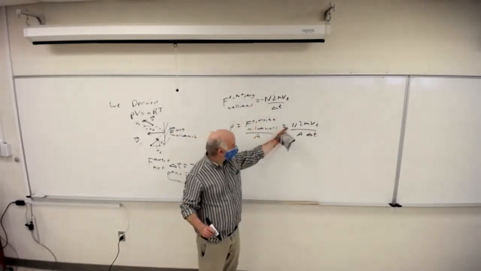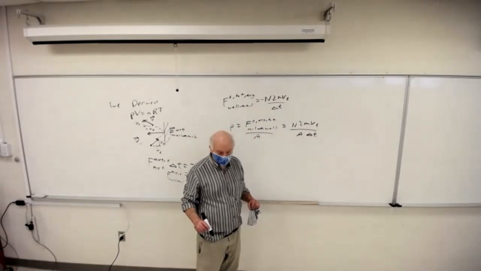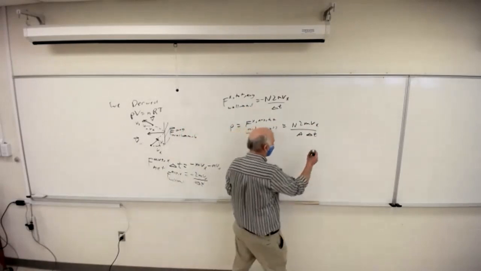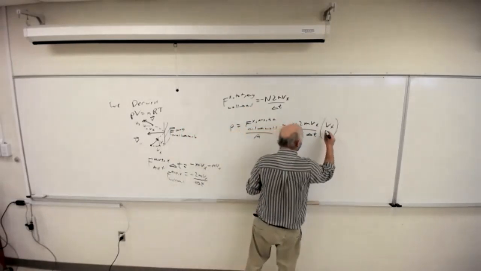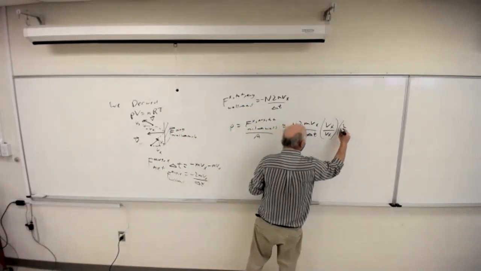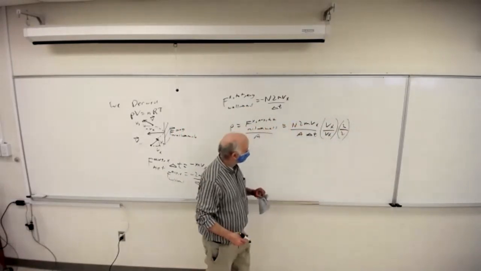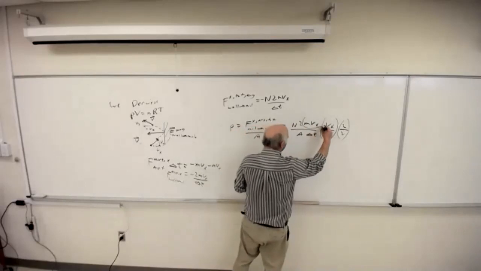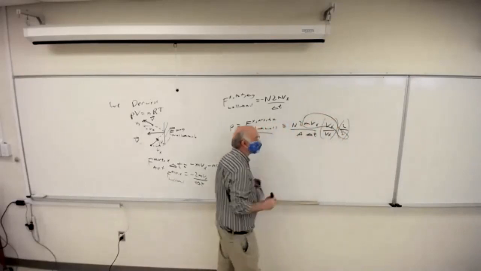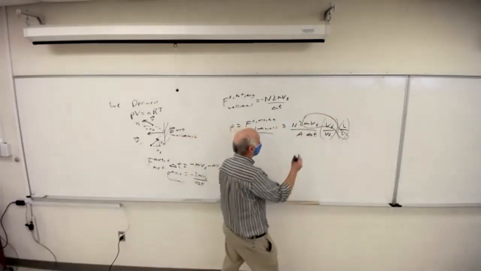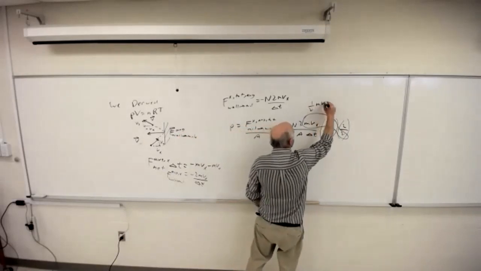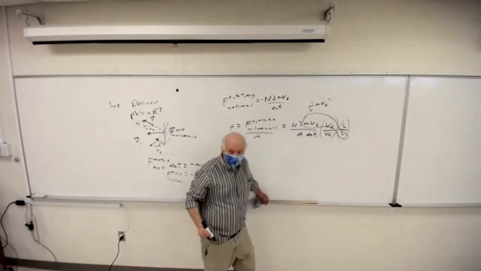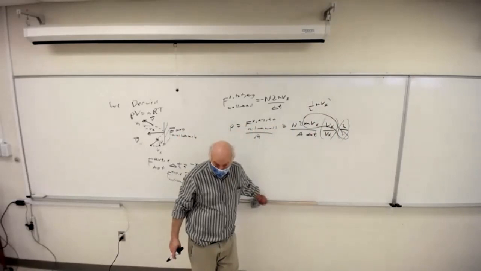And what did we do? We multiply the top and bottom here by the x and by 2. What did we say about this fellow right here? We said this was 1/2 m vx squared. That's the average kinetic energy in the x direction.